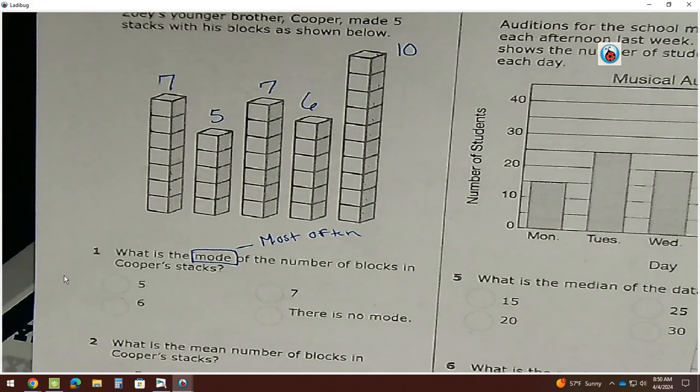I'll give you an example. How old are you, sir? 12. You? 11. You? 12. 12. 11. 12.